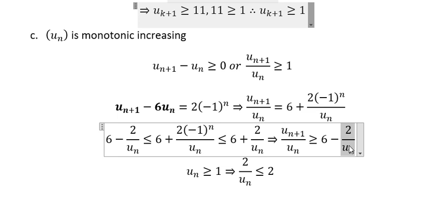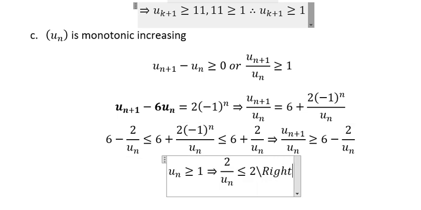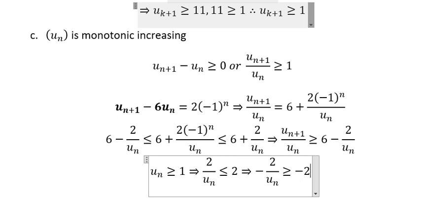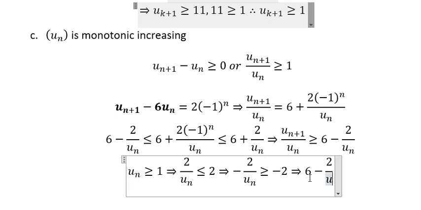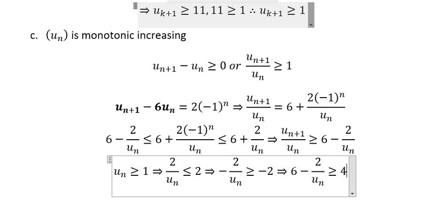So everything here is less than or equal to 2. Now let's multiply both sides by negative. It therefore means that negative 2 over Un will be greater or equal to negative 2, because the inequality sign has to reverse since I'm multiplying both sides by negative. Then we add 6 on both sides, so you have 6 minus 2 over Un greater or equal to 6 minus 2, which is 4.